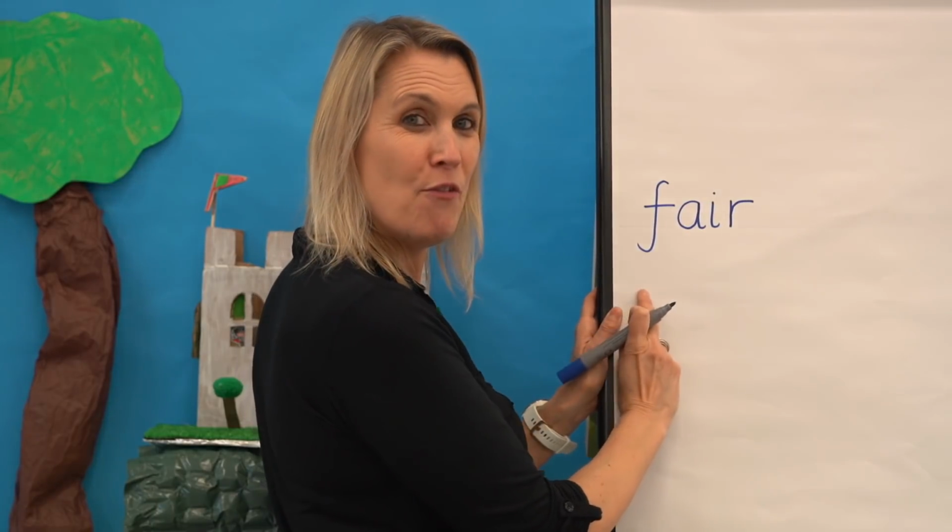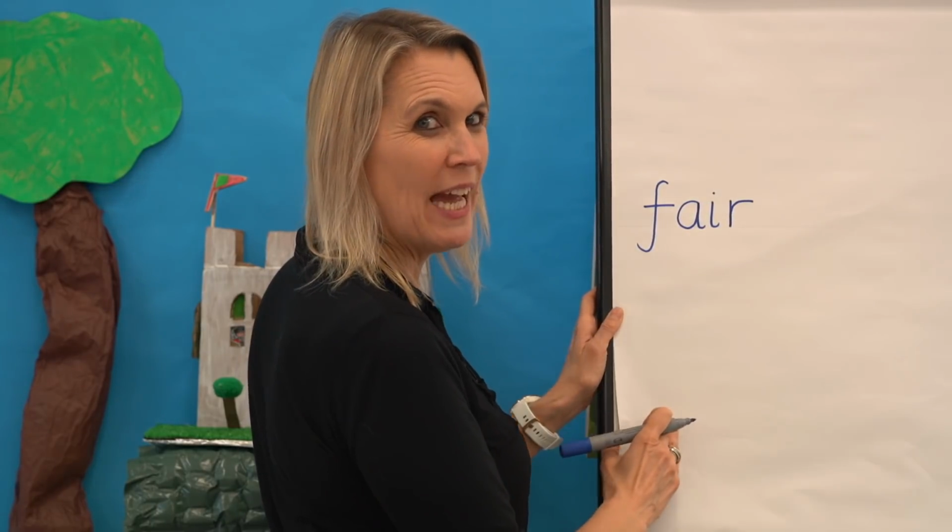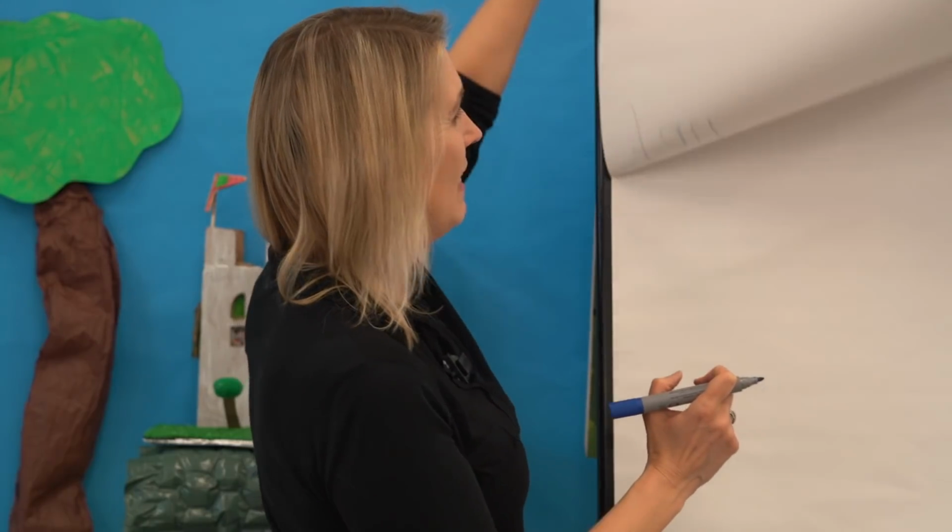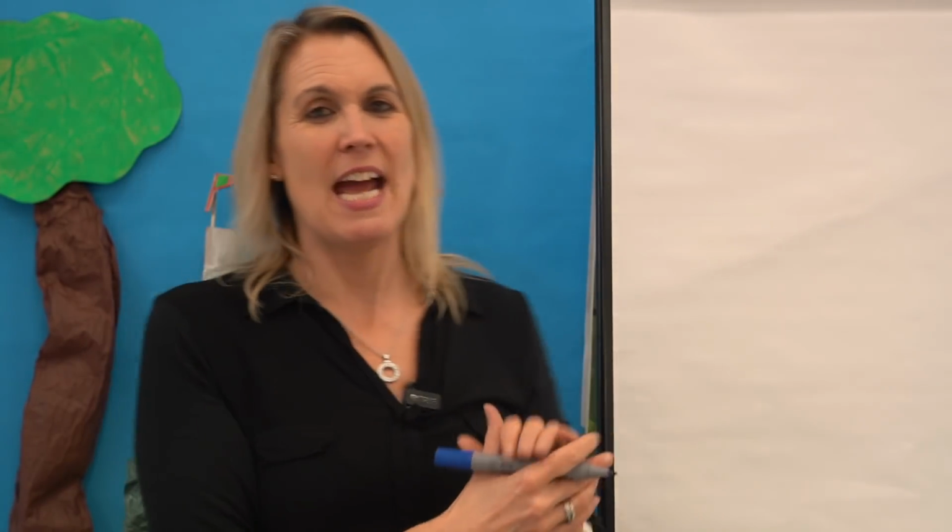Air, fair. Okay, let's hide the word. Now you have a go. Say the word, say the sounds, and write them down. Don't forget the trigraph air. 3 letters, 1 sound.